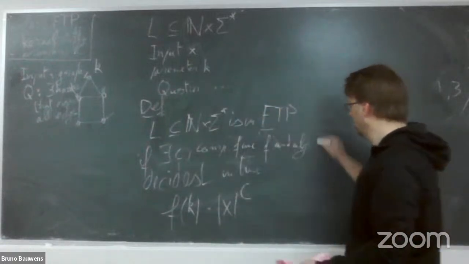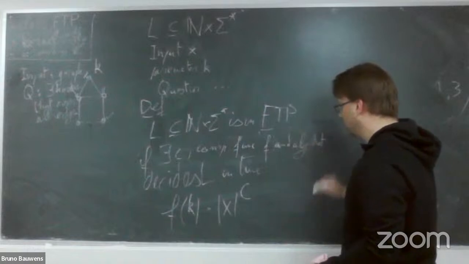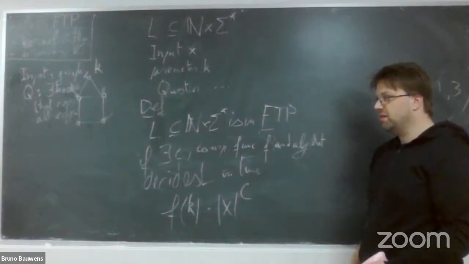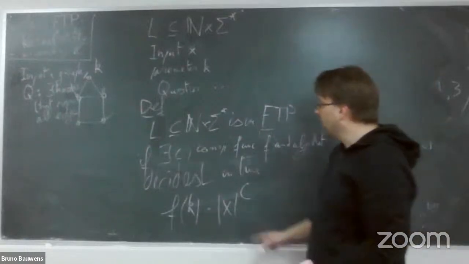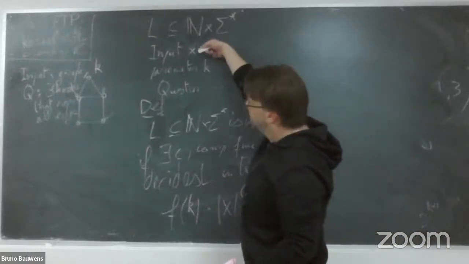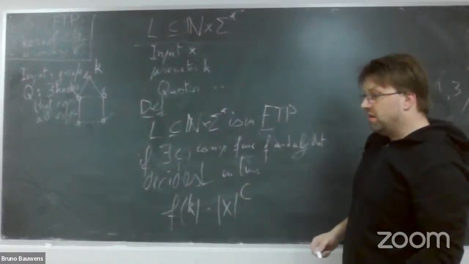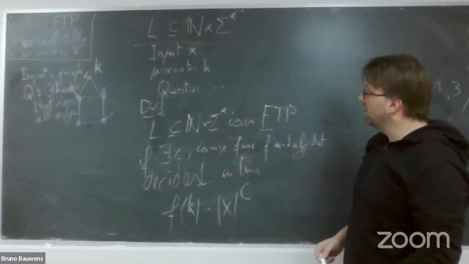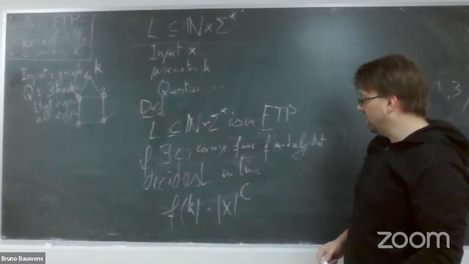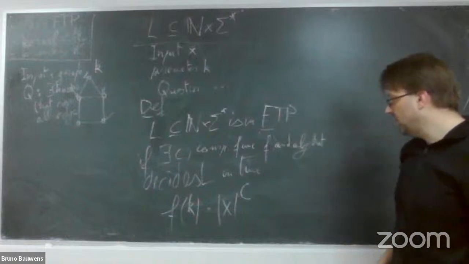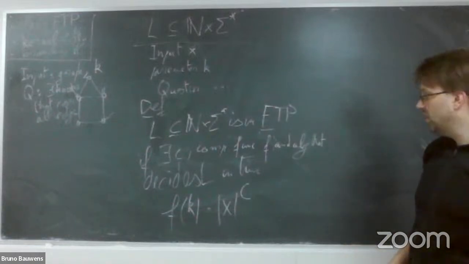So it's clear, right? X is the input, and C is the constant. f is a computable function, so it can be exponential.